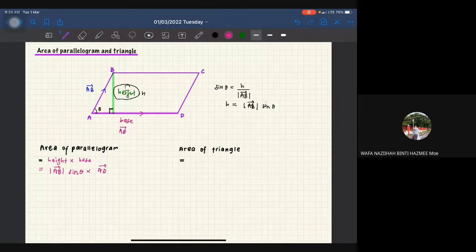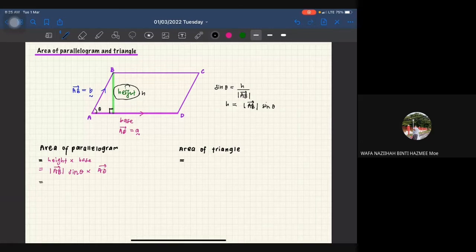Okay, so kalau nak mudah, kita akan gantikan dia dengan huruf yang lebih senang untuk kita guna. So this one saya guna huruf B. Okay, and then saya punya base saya akan gunakan sebagai huruf A.